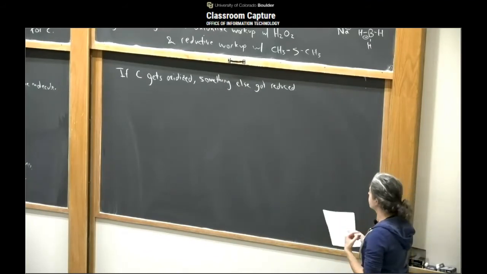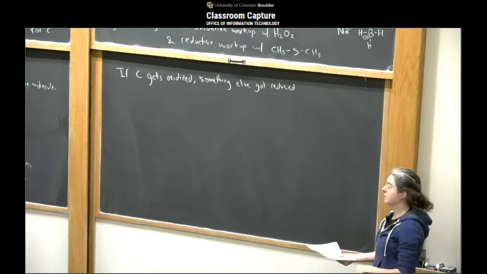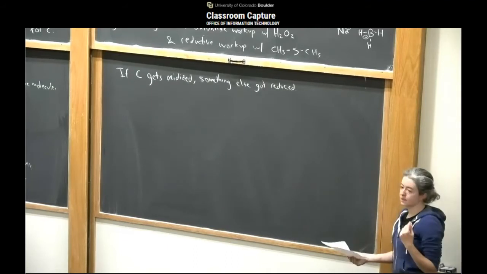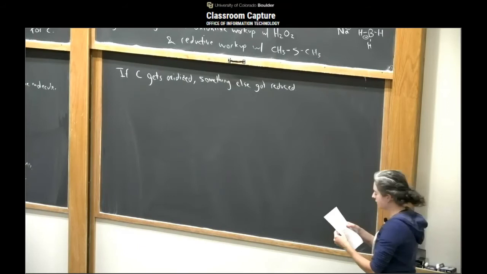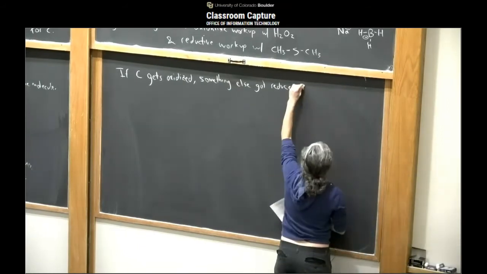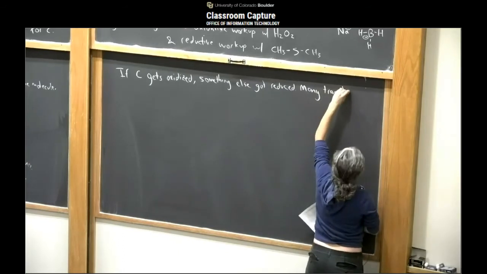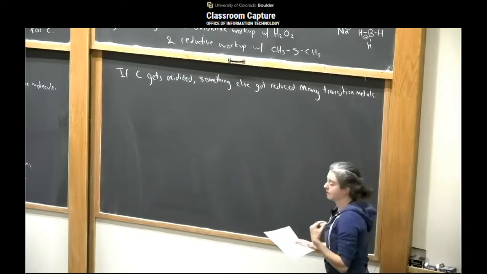Okay, so a lot of transition metals that we're going to see here in the next few reactions can exist in multiple different oxidation states because they can violate the octet rule pretty hard if they need to. So many transition metals can have different oxidation states.